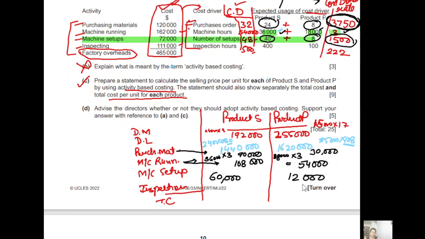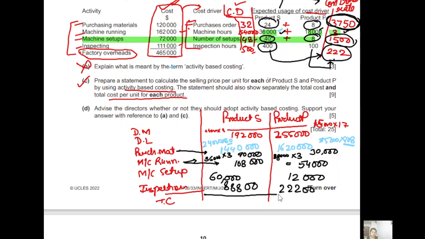Next, for inspection hour, the total cost driver rate is 222, so 400 into 222, that will be 888,00, and here 100 into 222, that will be 222,00.